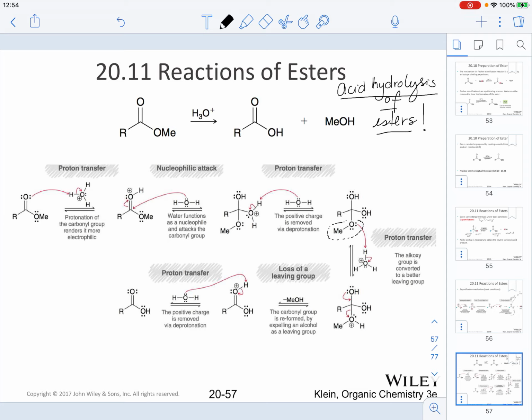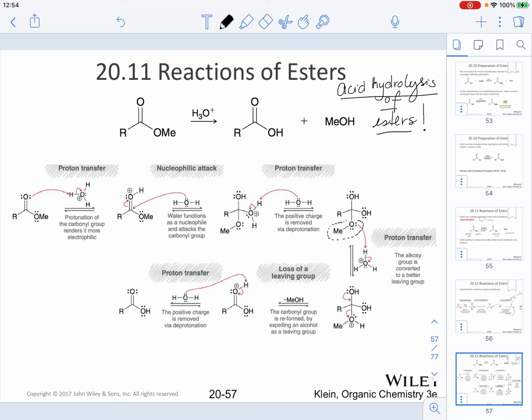And the alkoxy group is converted into the leaving group. So after that, we're going to be losing the leaving group. But it, as I just mentioned, is in the form of an alcohol. Under acidic conditions, we cannot suggest that we're going to form an alkoxide. So the negative charges cannot be proposed.